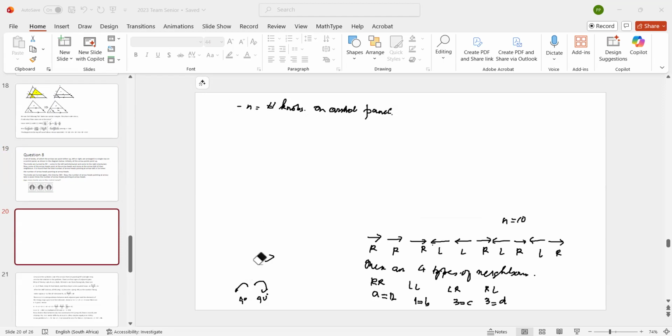So n is equal to the number of knobs. Okay, let me leave all these things. I might need this. So what we've got here is A RR, B LL, and you got C LR and D RL.